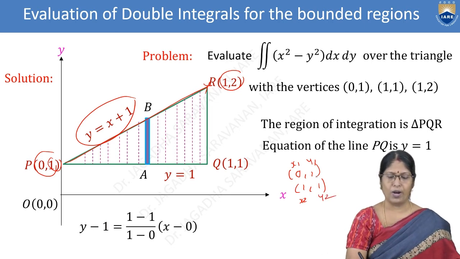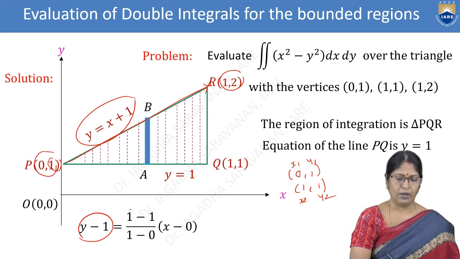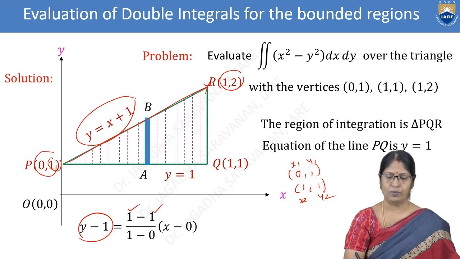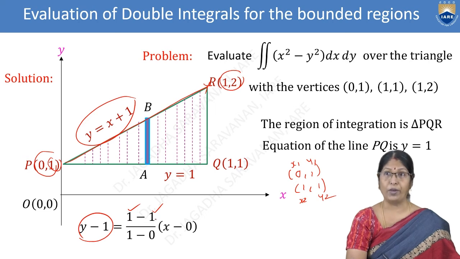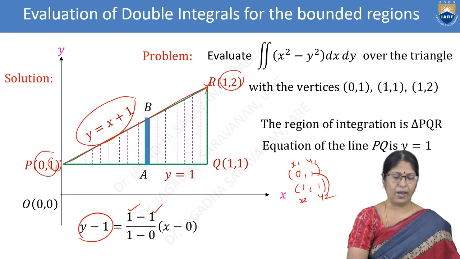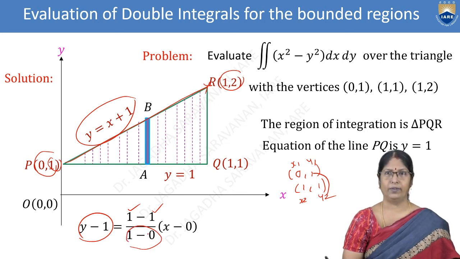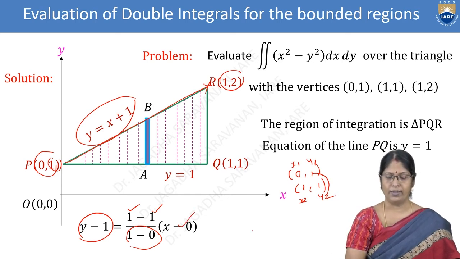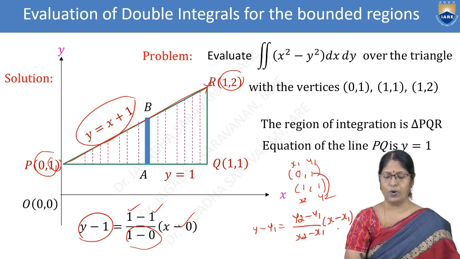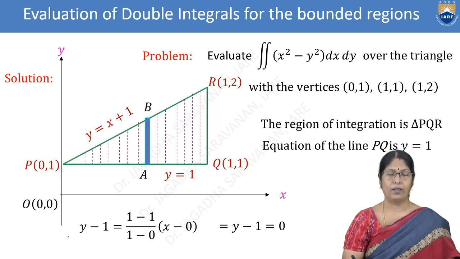It is what we studied in lower classes, a line passing through two points: y minus y1 equals y2 minus y1 by x2 minus x1 into x minus x1. We used this formula and solved it.